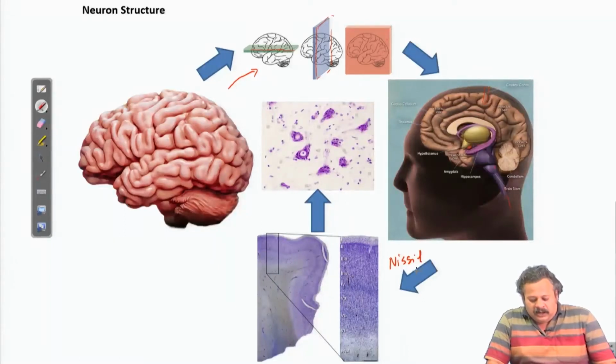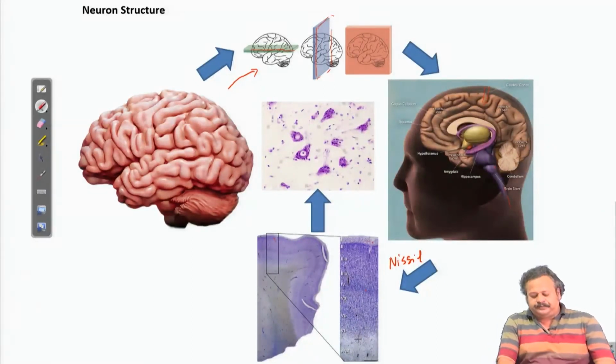If we blow up this region, you can see it is a layered structure in the cortex, which starts from layer 1, layer 2, 3, 4, 5, 6, 5A, 5B, 6, and then white matter.